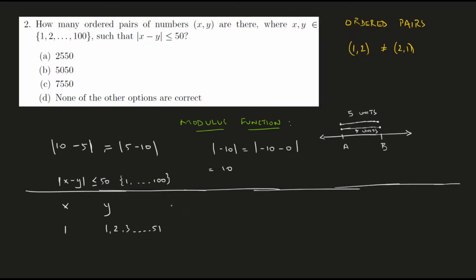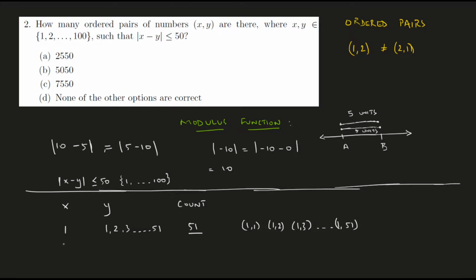Now I'm going to count these ordered pairs. Obviously the count would be 51. I would have pairs such as 1 comma 1, 1 comma 2, 1 comma 3, and so on till 1 comma 51, and we would get 51 pairs.